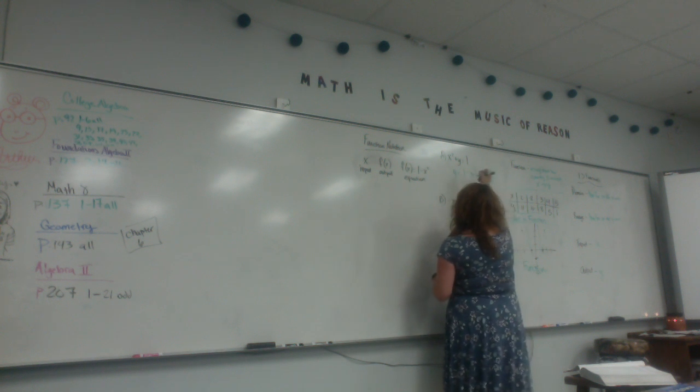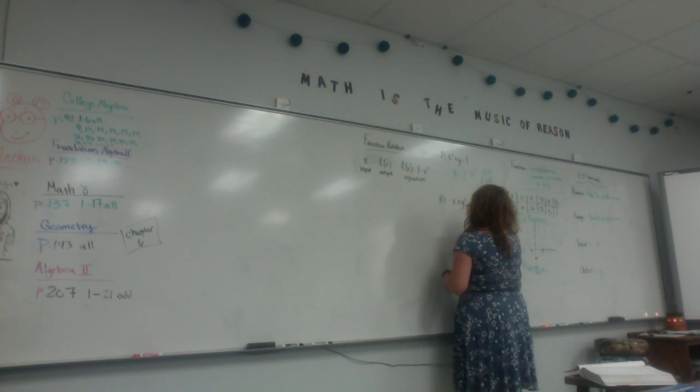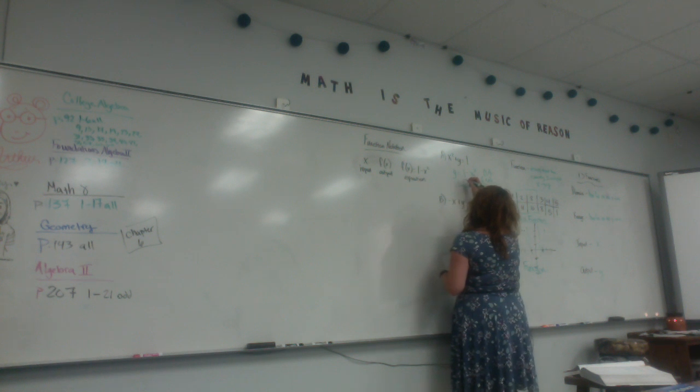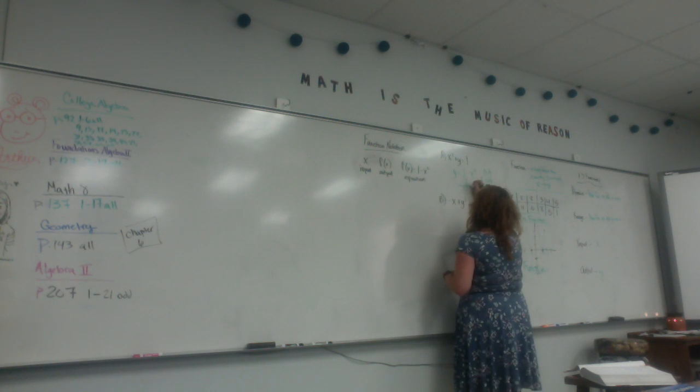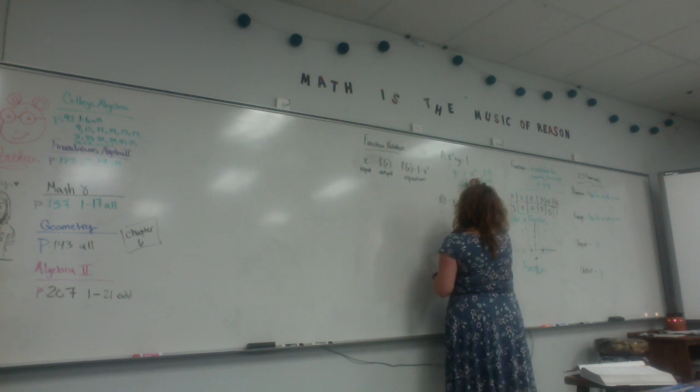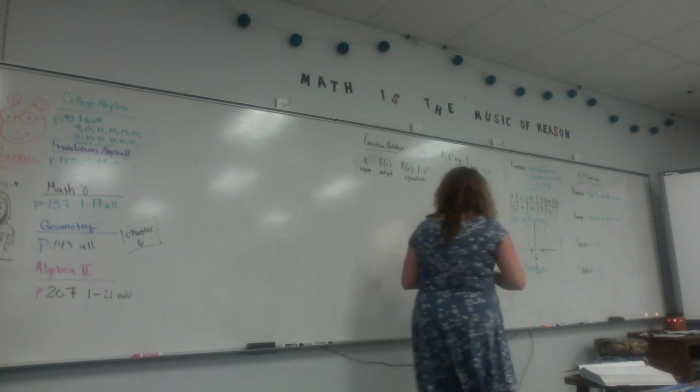If I plug in 0, I get 1. If I were to graph this, I would have negative 1, 0, and 1, 0, and I would have this type of parabola going on. Is that a function?